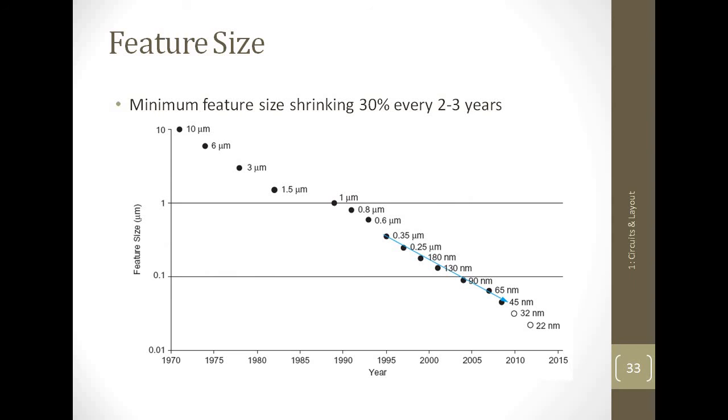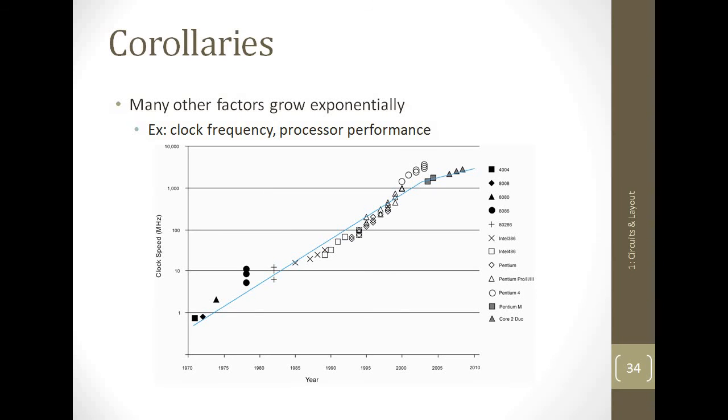The feature size, which is the minimum feature size, is shrinking 30% every 2 to 3 years. So this prediction has also become true. Nanometer technology has been coming down and down and down.